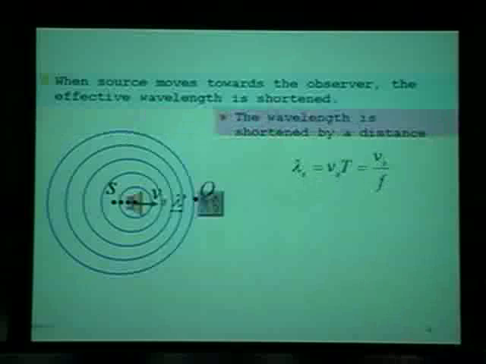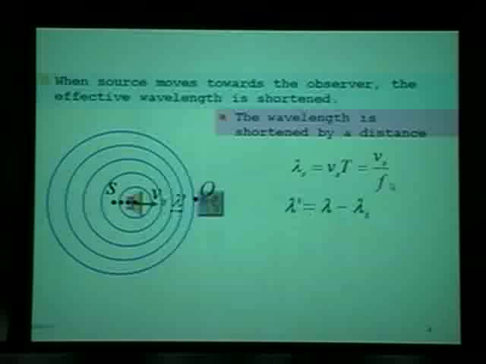The wavelength is shortened by a distance equal to the velocity of the source times the period of time that it puts out those waves, which would be the velocity of the source divided by its actual frequency. So we would have an effective wavelength of the actual wavelength of the sound minus this wavelength due to the motion of the source.